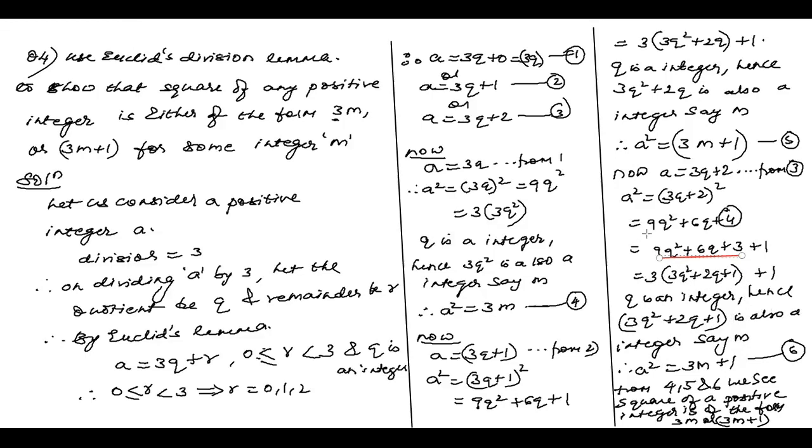So from the fourth statement, you know what is the fourth statement here? Square of the number. Again, you can see here a square. I didn't write it, okay?